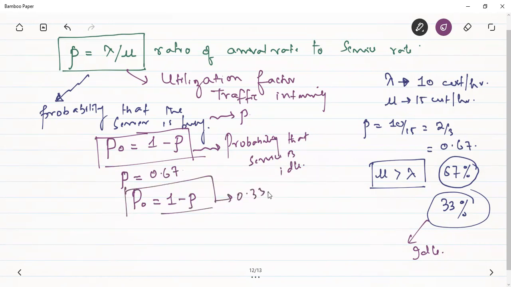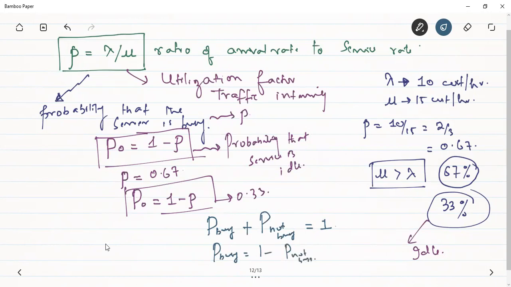Okay, so it's actually a simple concept. The probability that a person is busy. Okay, a person can be busy or he can't be busy. The probability that the server is busy or the probability that the server is not busy is equal to 1. So the probability that a server is busy will be equal to 1 minus the probability that the server is not busy.